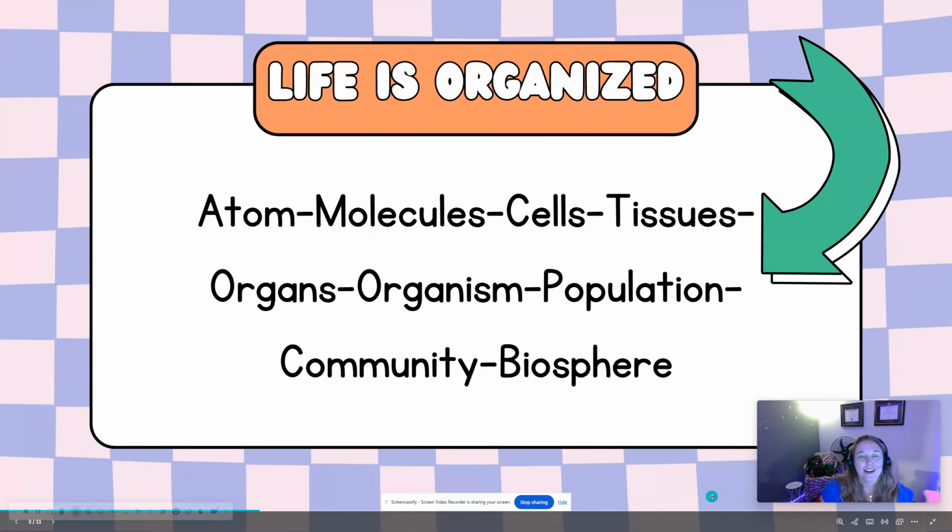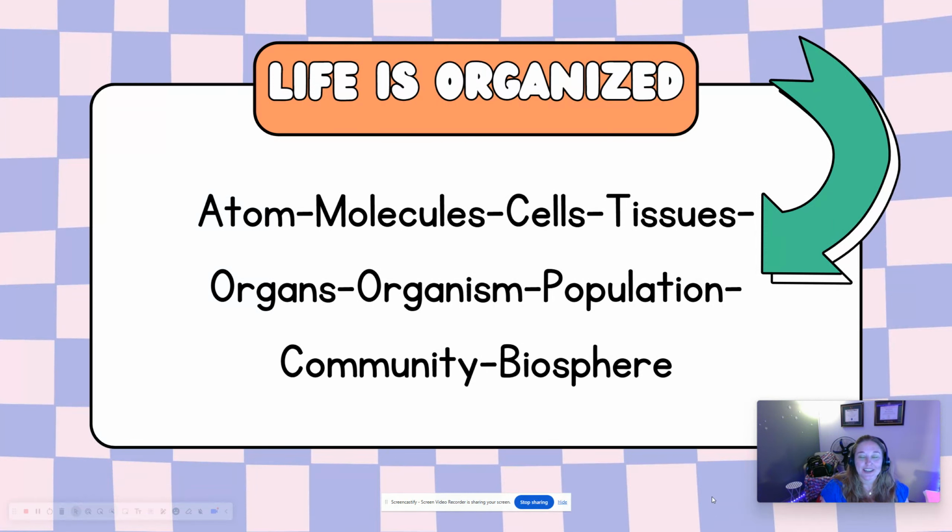The next part here is that life is organized, meaning that we are going to start with atoms that build into molecules. Those are not living things. But once we get these big molecules working together, having some sort of purpose, metabolism, some sort of structure, we get cells.